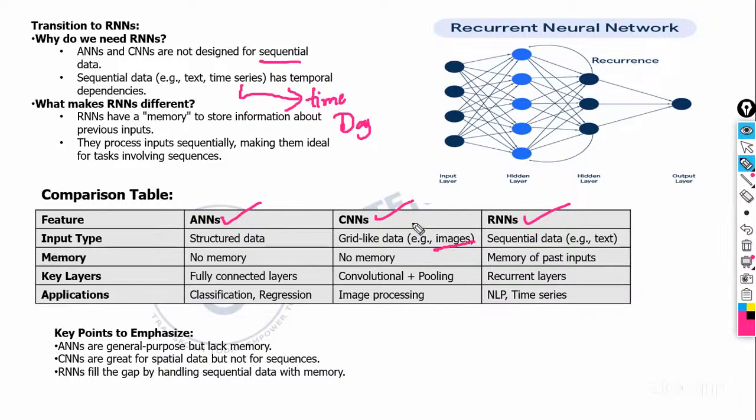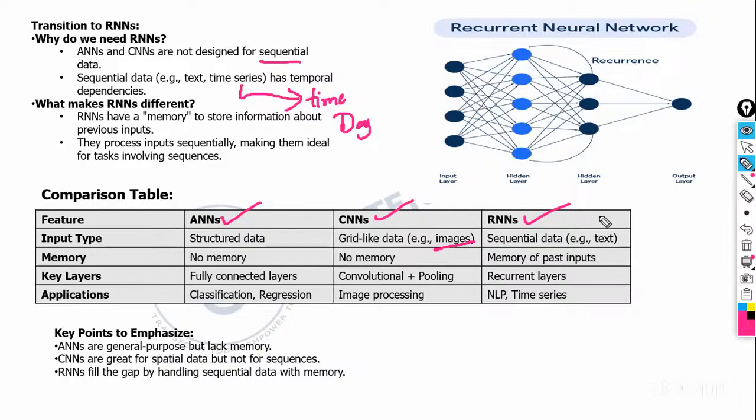What about RNNs? RNNs work for sequential data, for example text. We also have time series data. All these come under sequential data.